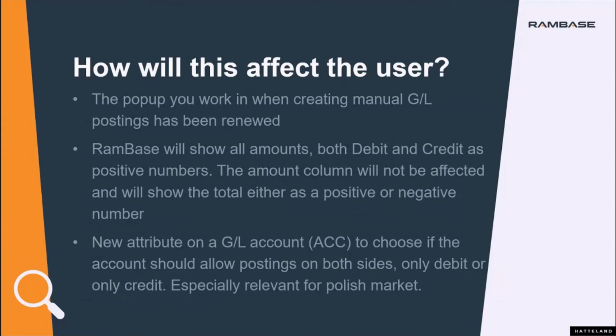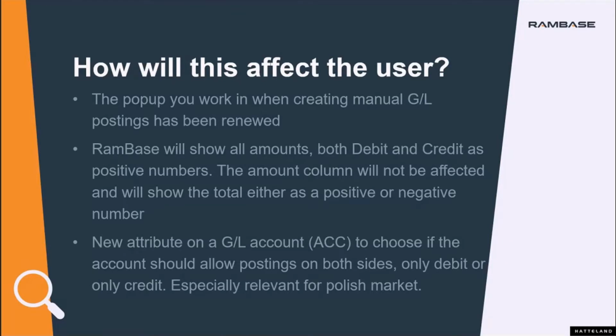So how will this affect you as the user? As I mentioned, the pop-up you work in when creating a manual general ledger posting has been renewed. We'll take a closer look at this afterwards. We'll now show all amounts as positive numbers. Previously, credit amount has been shown as a negative number in the reports or applications where debit credit has been used.